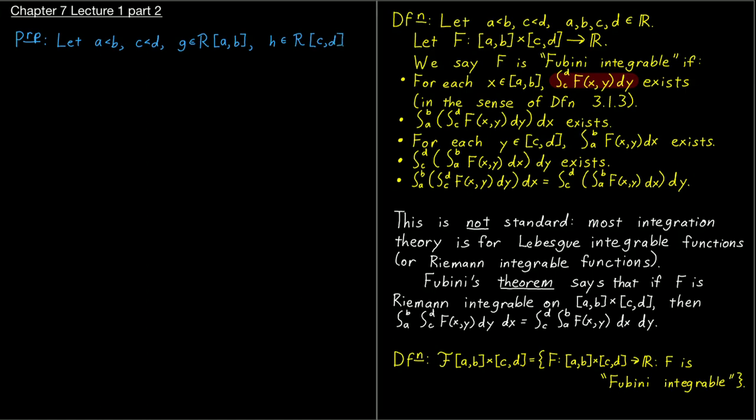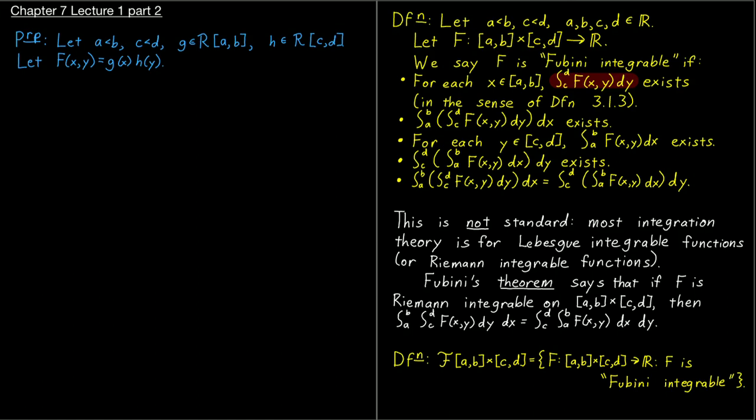And then we're going to define a new function, their product. Let f of x, y be g of x times h of y. G and H are Riemann integrable functions, so they're real valued functions, functions from AB or CD, respectively, into the real numbers.